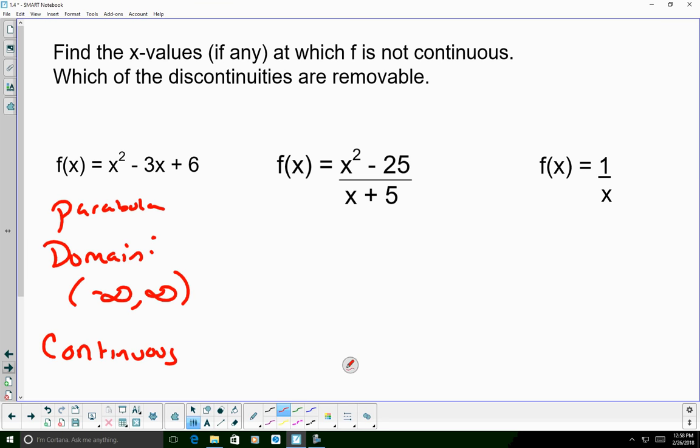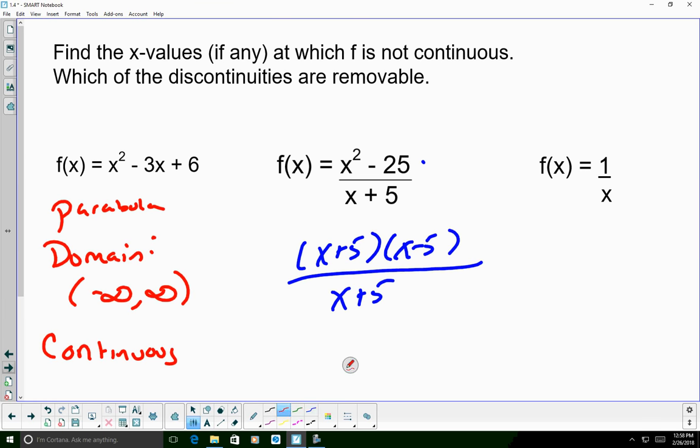The next one is x squared minus 25 over x plus 5. If you graph it on your calculator, it's going to look like a straight line. You have to be very careful with this. Remember that the numerator can factor as x plus 5 times x minus 5, and my denominator is x plus 5. So these x plus 5 factors simplify. And so when you graph it, you're going to get a graph that appears to be the line x minus 5. The only place that it differs is at the point negative 5.